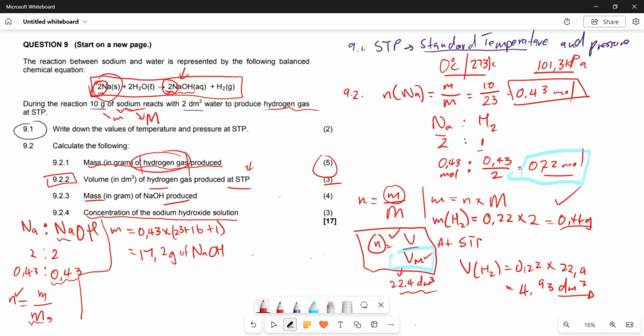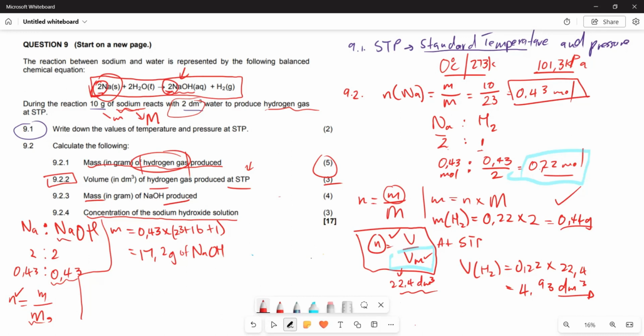They say during this reaction, sodium reacts with 2 mole per decimeter cubed of water to produce hydrogen gas at STP. So for us firstly to calculate the concentration, we need the volume in which we are having this.